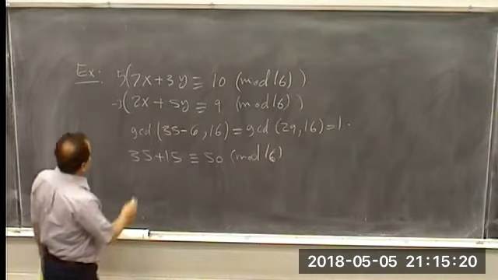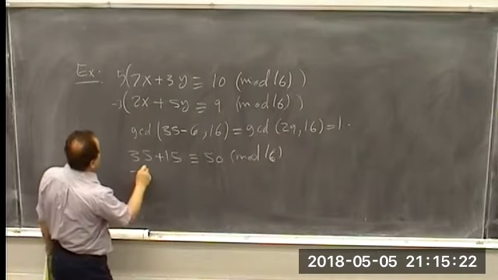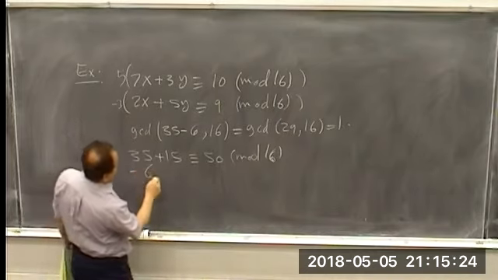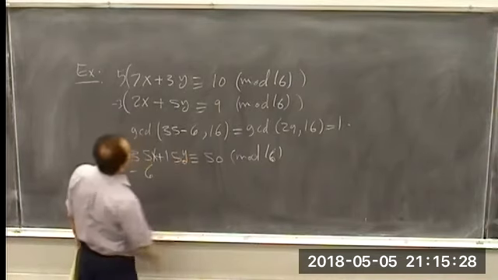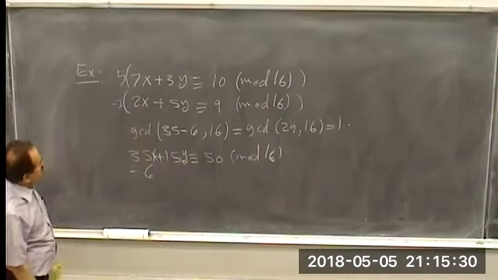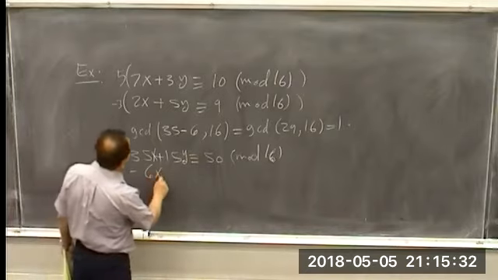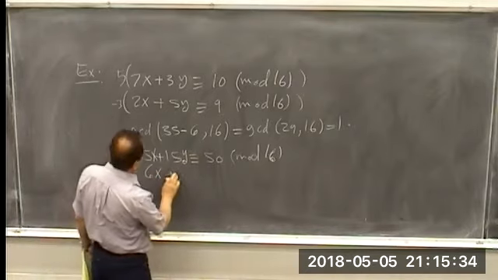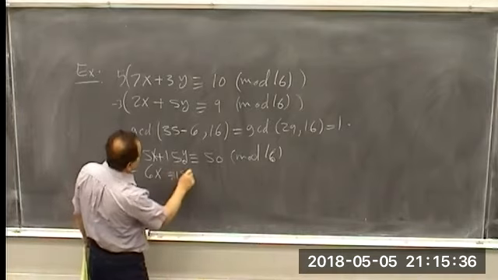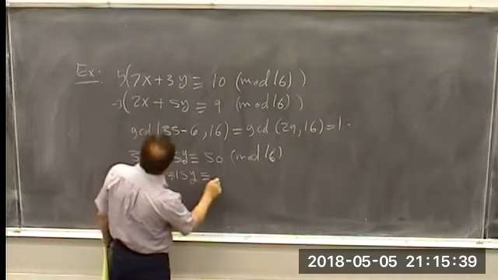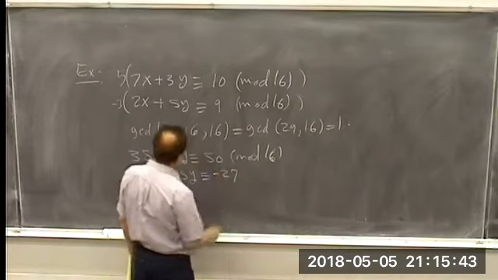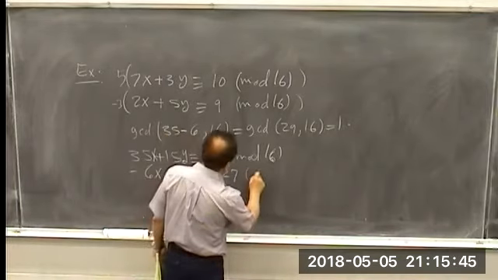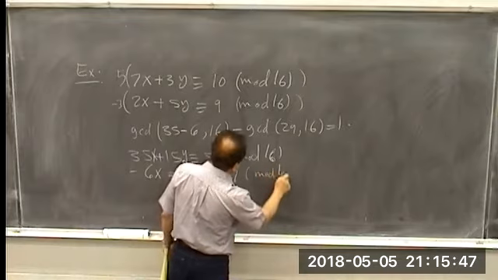And the second equation becomes negative 6x minus 15y congruent to negative 27.